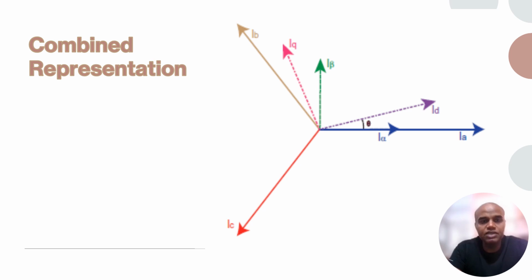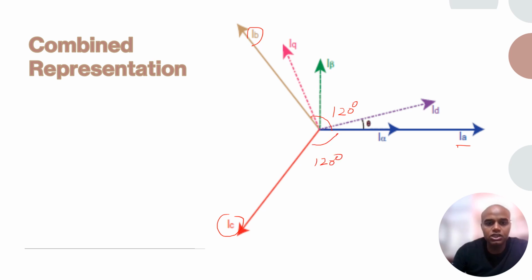Here we have the combined representation of all three frames. First is the stator stationary reference frame. The three currents are shown as IA, IB and IC, and all these three components are 120 degrees apart from each other.